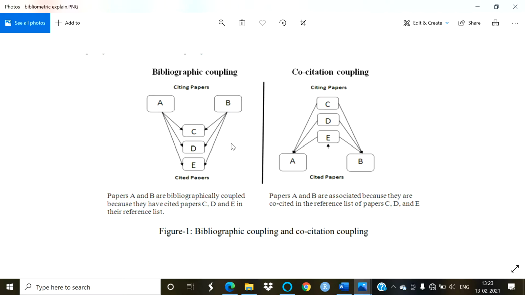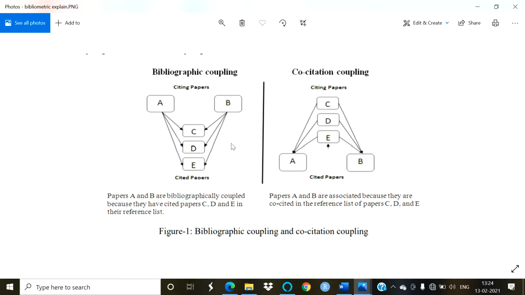And that use of Kessler's reference in all those documents creates a bibliographic coupling relation between all those documents which are using Kessler's citation.